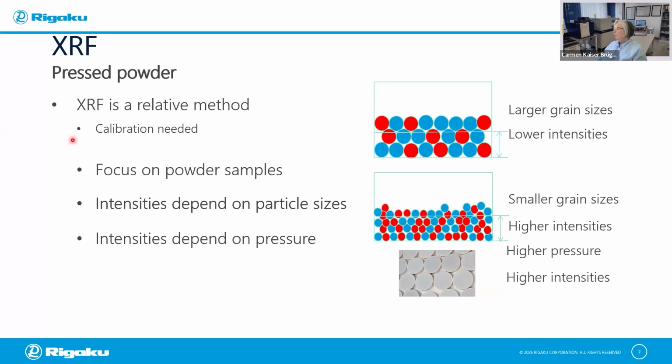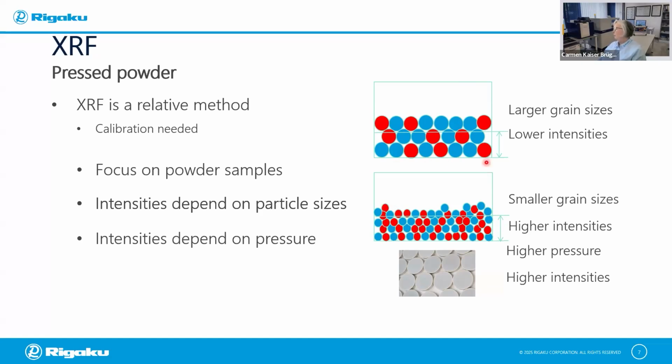When we prepare a pressed powder sample, we aim to get the highest intensities, and the only way we can achieve this is if we reduce the particle size effectively. In the top diagram, we can see a pressed powder with very large grain sizes and not a very even distribution of the particles. Therefore we would not get a desirable signal, and we would get much lower intensity.